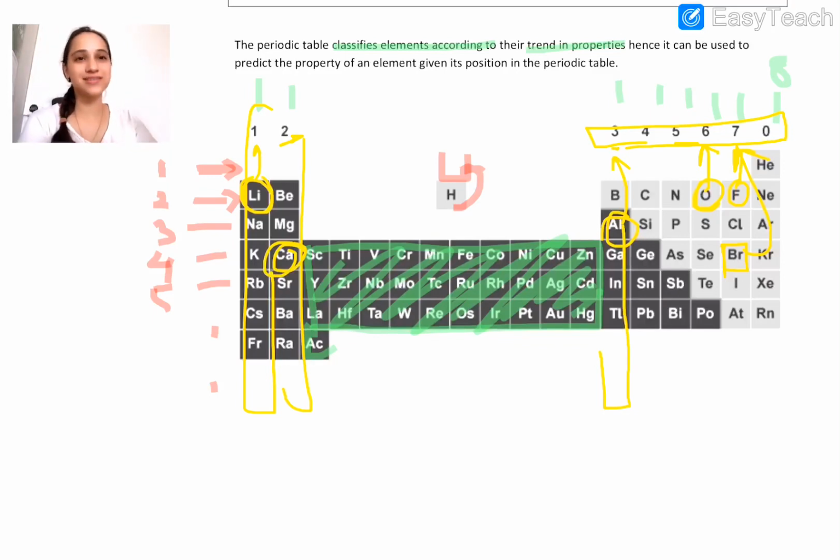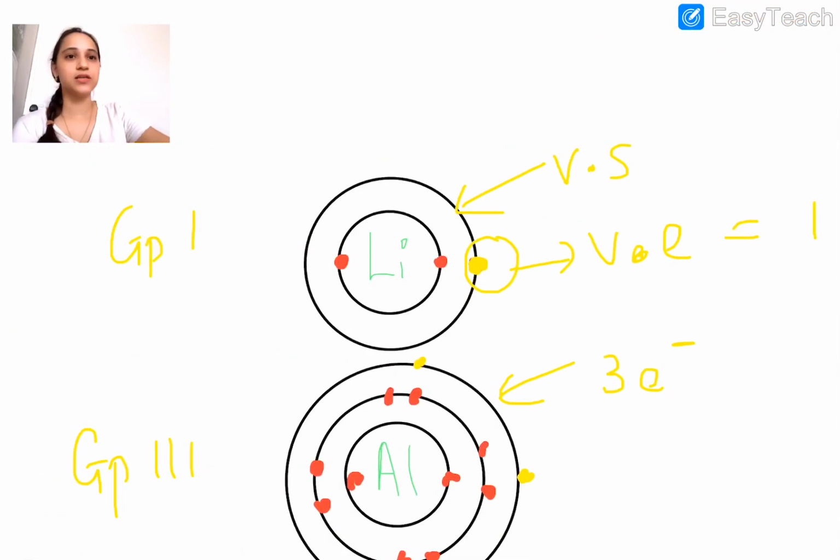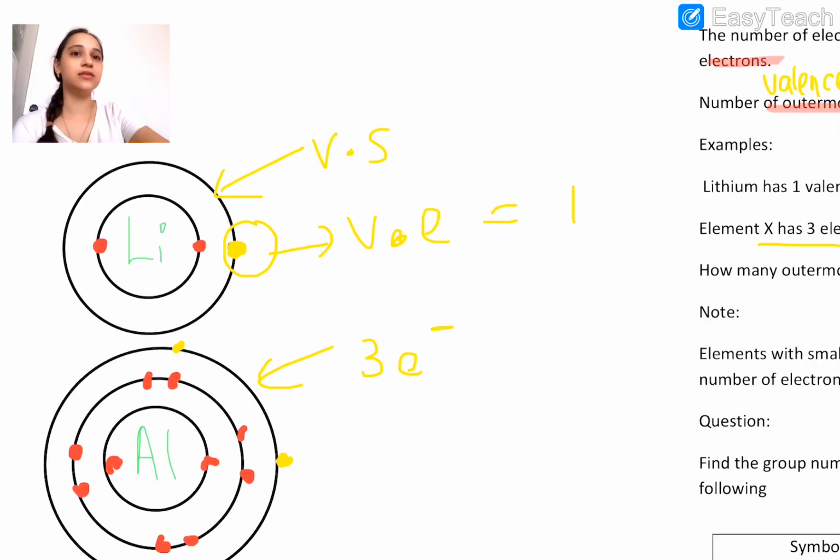There are a few exceptions, of course, but they are usually metals. So if you have an element that has 1, 2, or 3 valence electrons, that element is a metal. Let's see. Lithium, 1 valence electron, it's a metal.